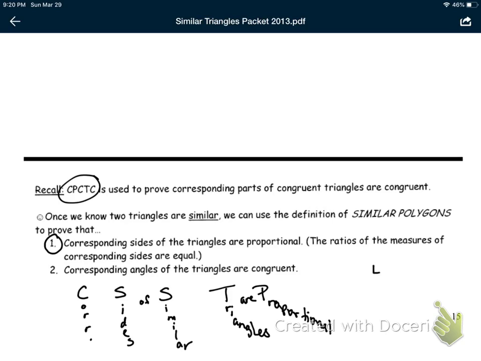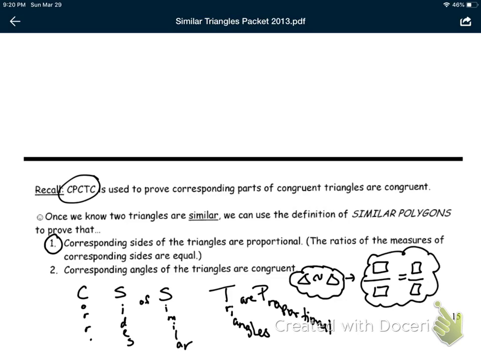Okay, and what it's going to allow us to do is if we know two triangles are similar, that's going to imply that the sides are going to be in proportion. So basically, if we have a similarity statement, then a proportion statement is going to follow after that.